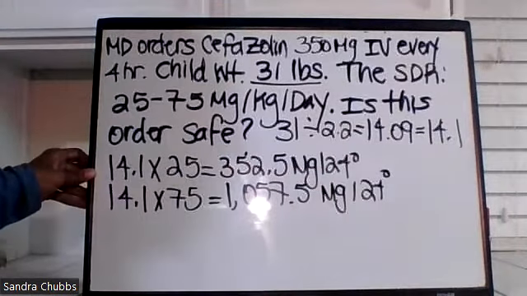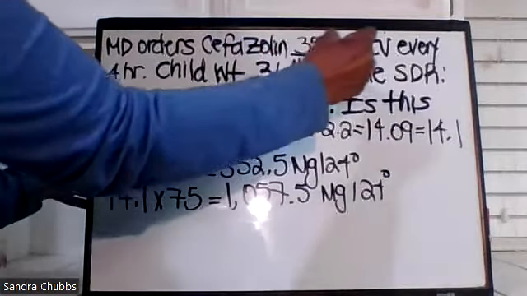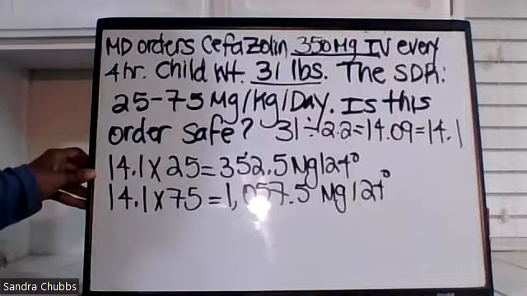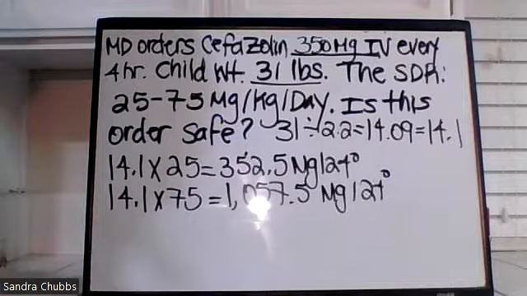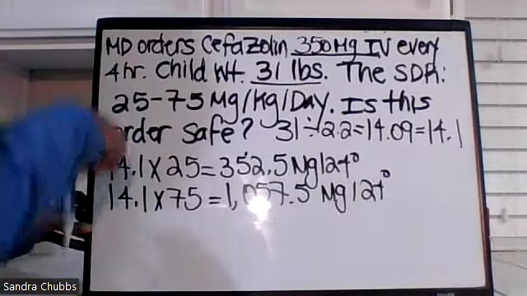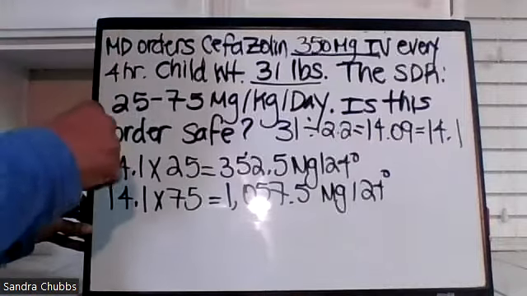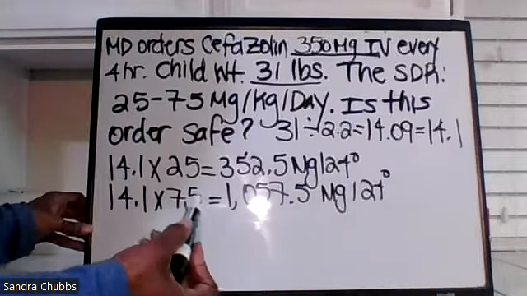All right. So it's asking us if this 350 milligrams is safe, right? So we take the 350, we multiply it by the frequency. Every 4 hours is administered 6 times in a 24-hour period. 6 times 4 is 24.